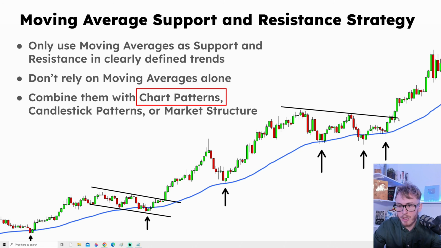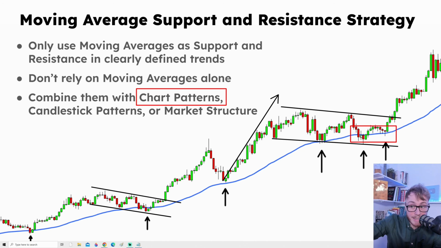And if we actually look closely here, we can see that the same thing is true about this next price movement. So here we had this strong impulsive move towards the upside. Then after this movement, we saw the price consolidating here against the direction of the trend. The price came down here to the moving average. Actually, we dipped just slightly below here.